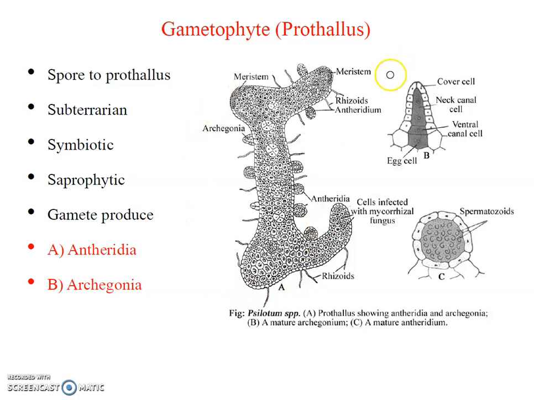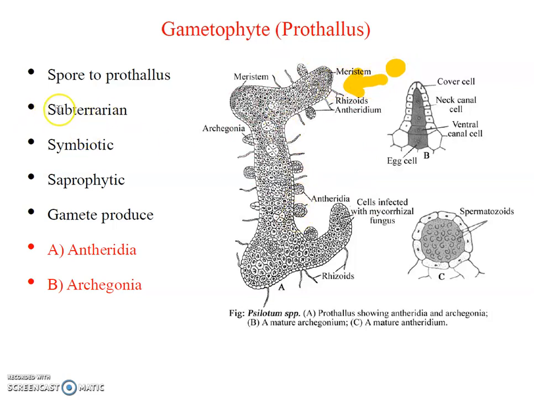The spore was produced in the sporophyte, which develops into the prothallus, also called the gametophyte. When spores germinate, the prothallus develops.